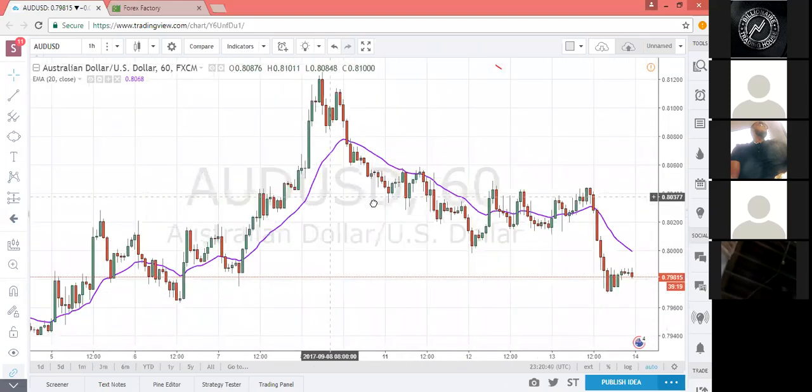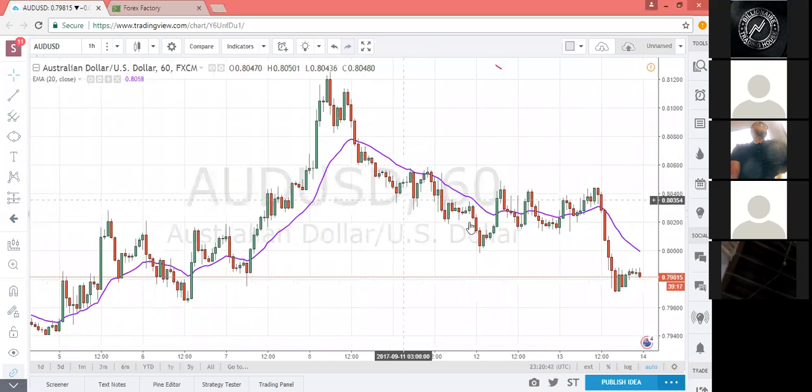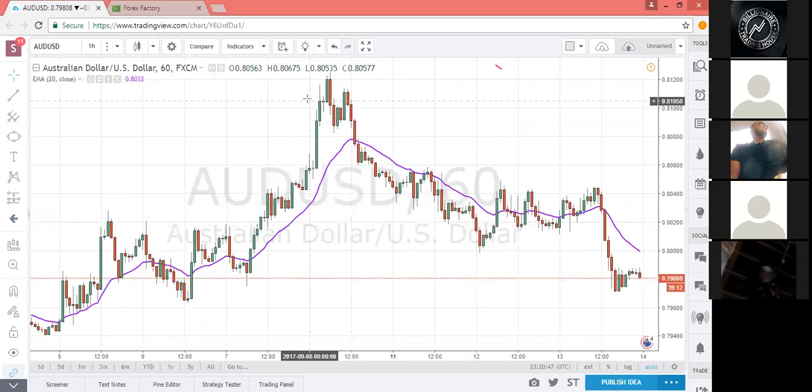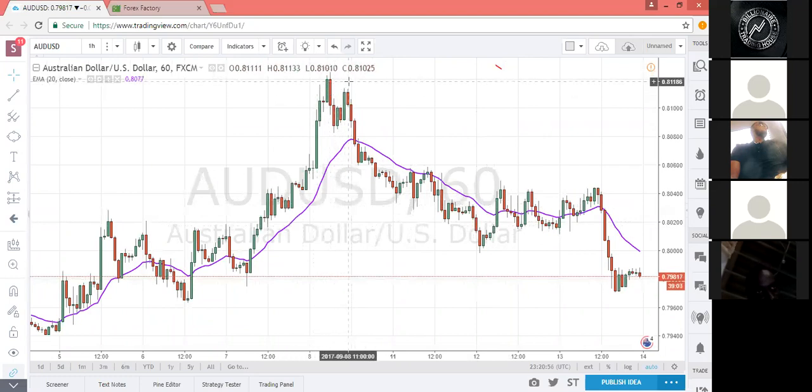So just like in the recent past, sometime during this week here, you would have seen that they would have had a double top. This was around, I believe, the 9th of the 8th, which was a few days ago, and you got a nice strong break of your moving average, which was a short-term indication of a change in direction or bearish momentum in the market, and you could have entered anywhere around this area.